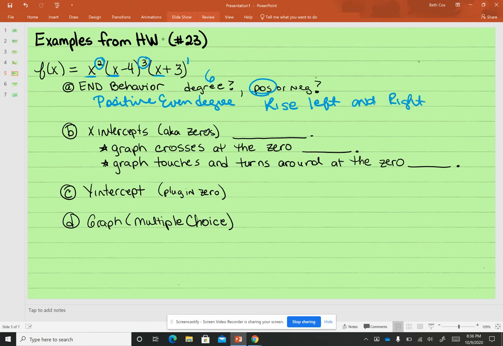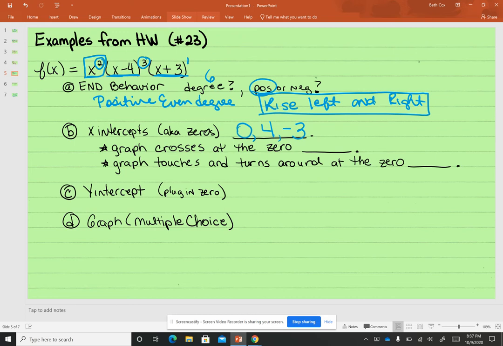Okay, rises left and right. All right, so now the intercepts, these are the zeros. I'm not going to solve for each one, but for the plain x, that gives me an answer of 0. The x minus 4, that's going to be a positive 4. And the x plus 3 is going to give me a negative 3. So those are my zeros.